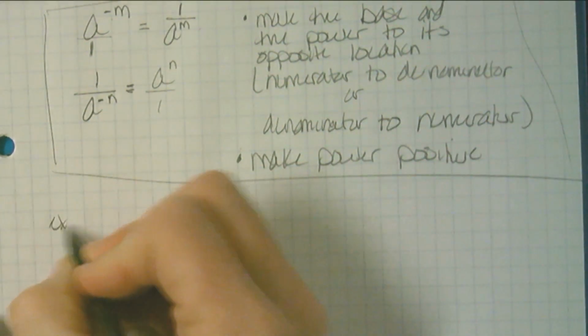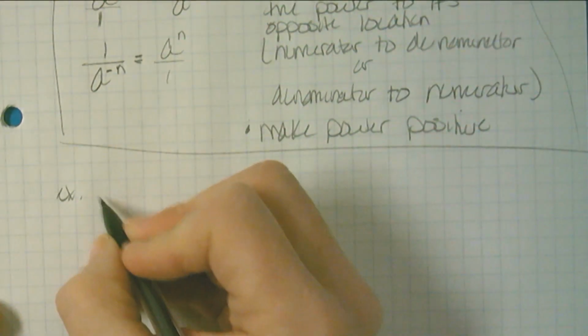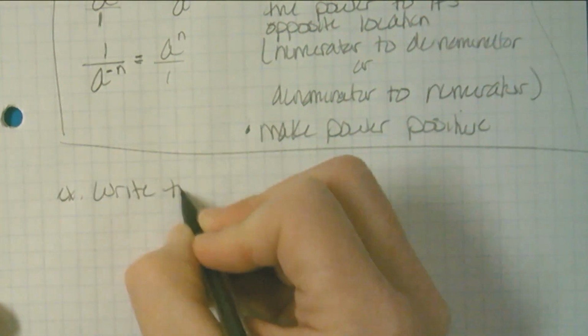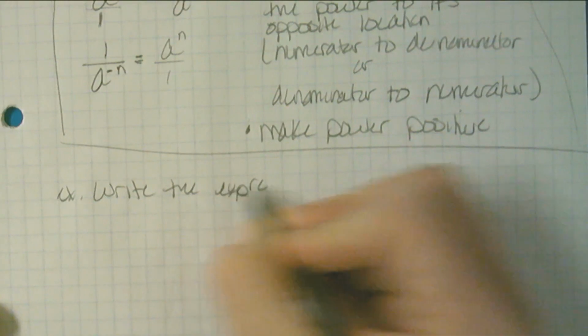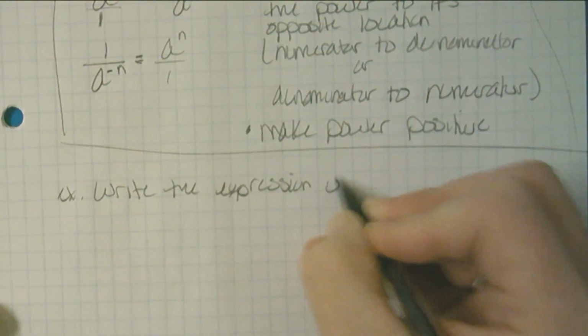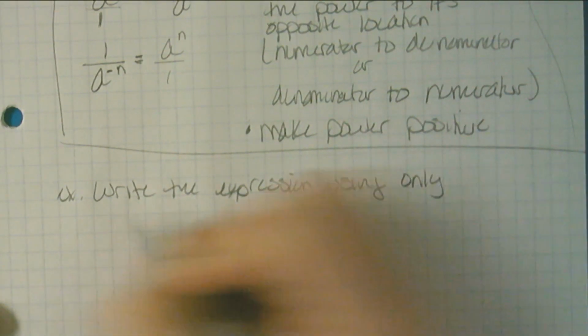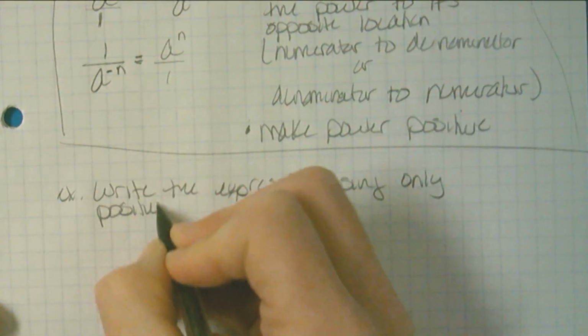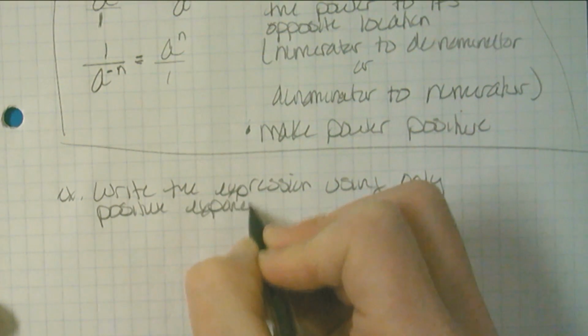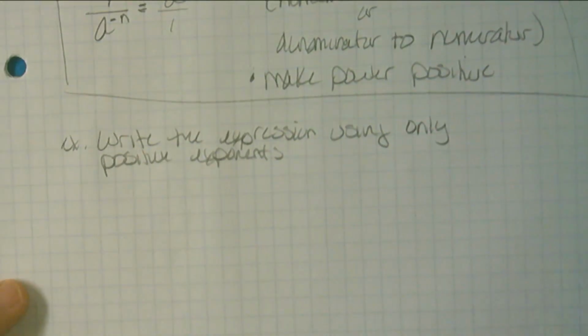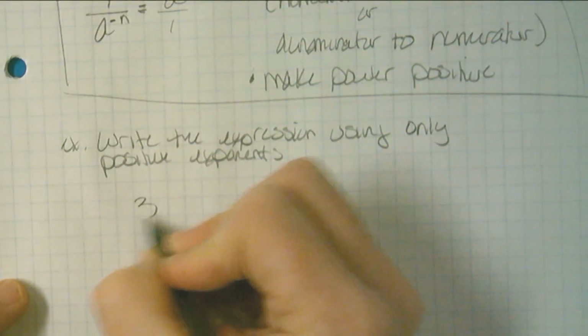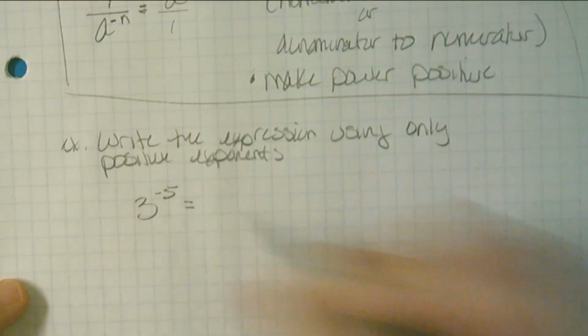All right, so let's do an example. I want you to write the expression using only positive exponents. All right, so I have 3 to the negative 5th power.